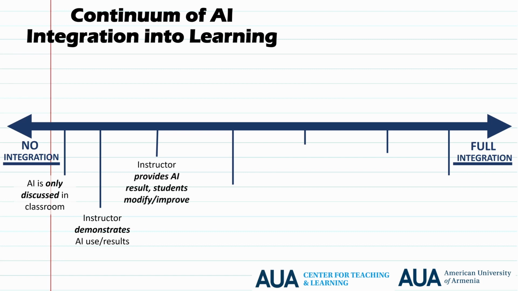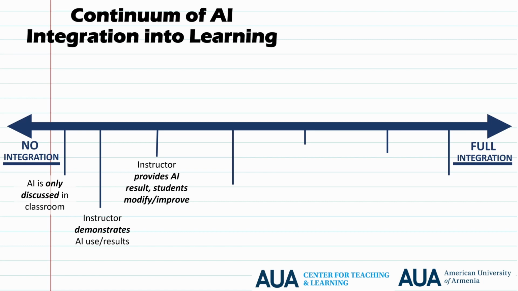Another possibility would be that the instructor provides AI results and then the students modify or improve it. This is a great technique that's being used a lot, in that before an actual assignment is given, the instructor would use AI to create an output. Now I'm giving that output to the students, and these students have to go through either individually or in groups.